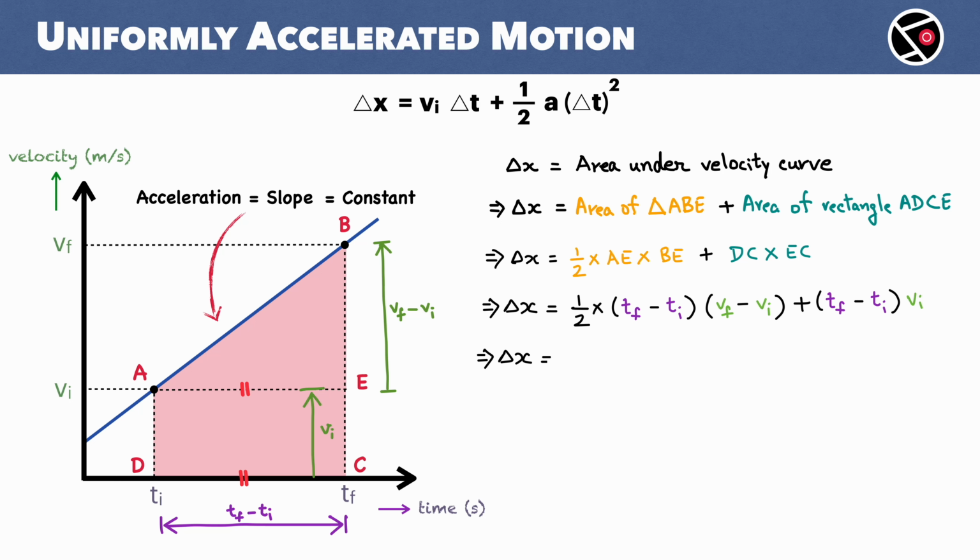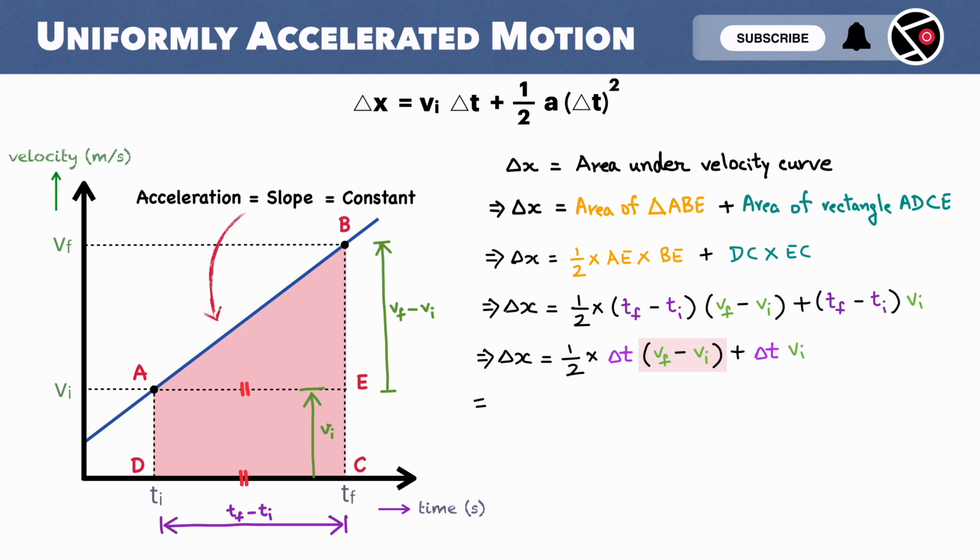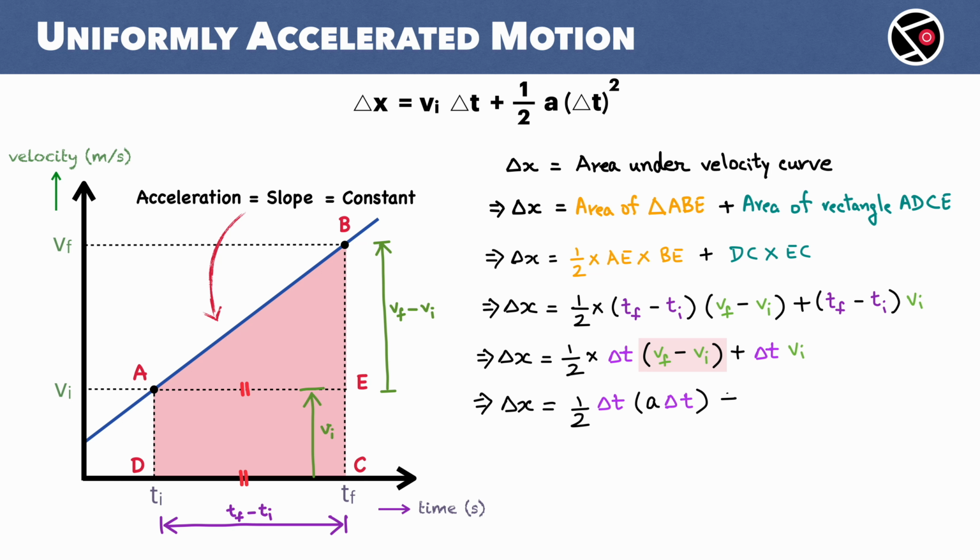So delta x is... From our earlier lesson, we have Vf equal to Vi plus a delta t. So we can replace Vf minus Vi with a delta t. And finally, we get delta x equals Vi delta t plus half a delta t square.